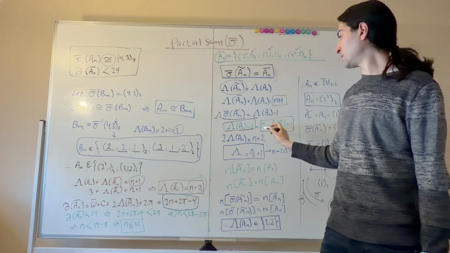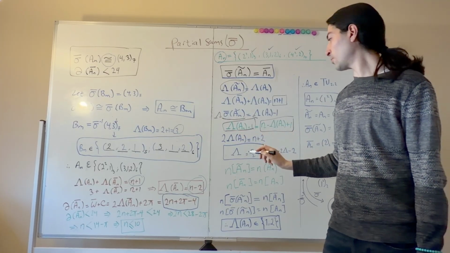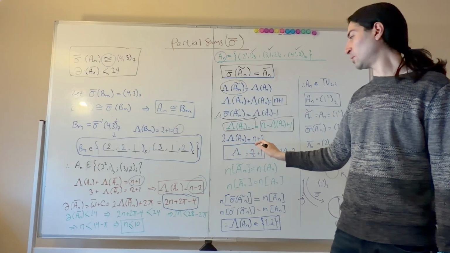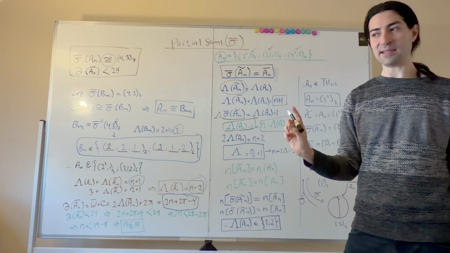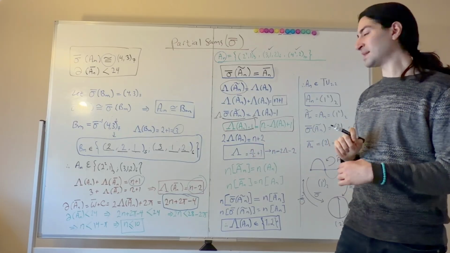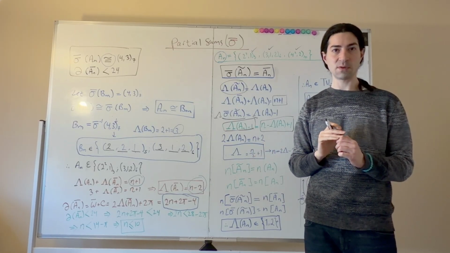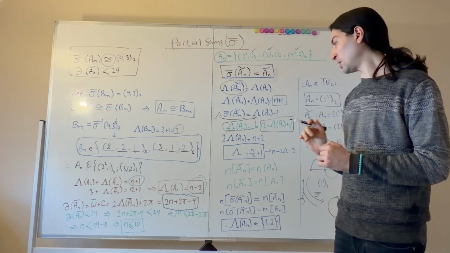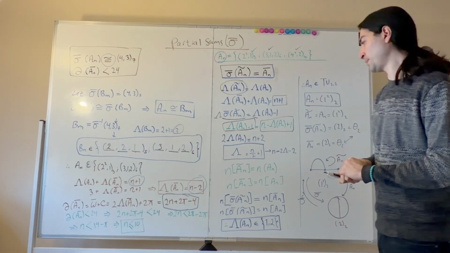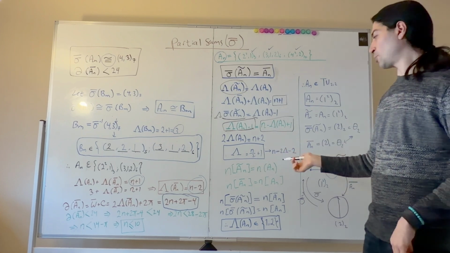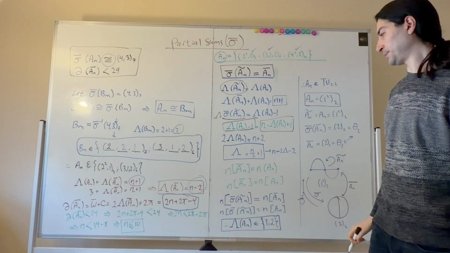We will say that 2 lambda an is equal to n plus 2. Therefore, lambda is equal to n over 2 plus 1. So we already have a hint here that n must be an even number for this to work. Because if n is odd, then you'll end up with fractions. You can't have a fraction for the order. Or we can express this as n equals 2 lambda minus 2.